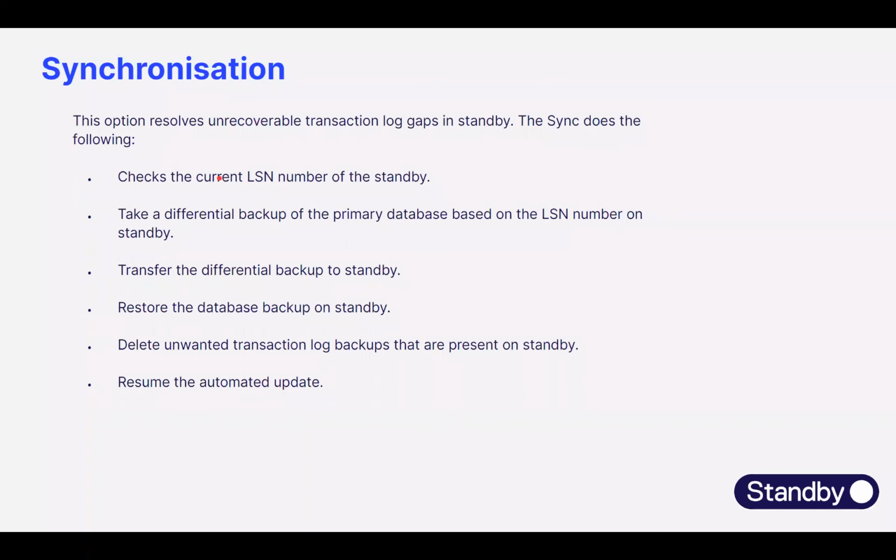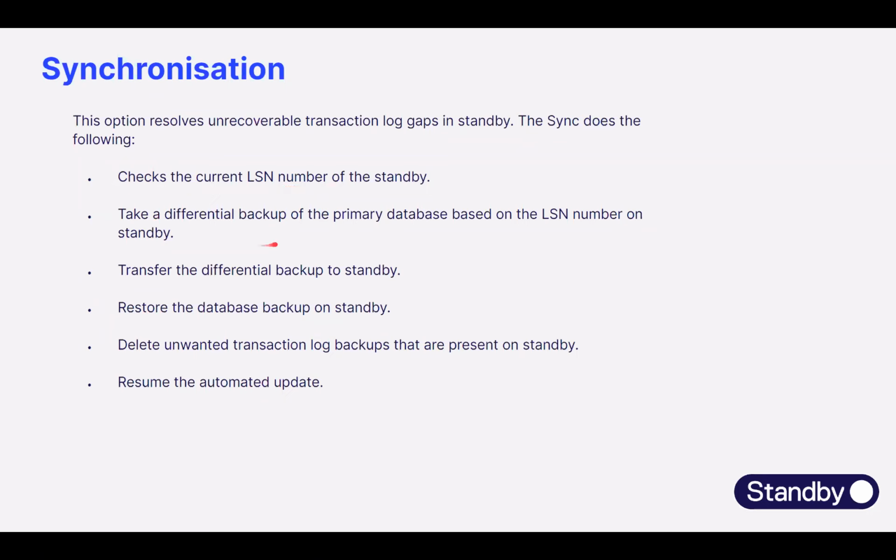So the additional features, one really important one is the synchronization. It's useful in cases when the log chain is broken, when you have no possibility to back up a log and apply to standby because it's not existing. The way it works is that we will check the difference, the delta between primary and standby.